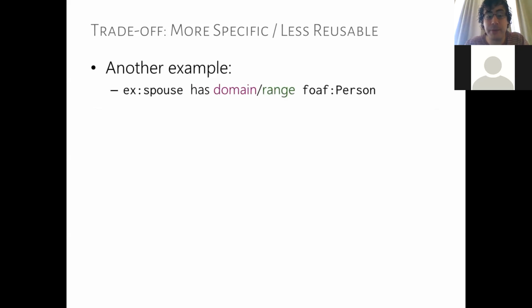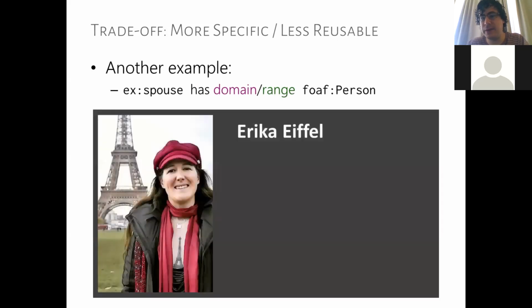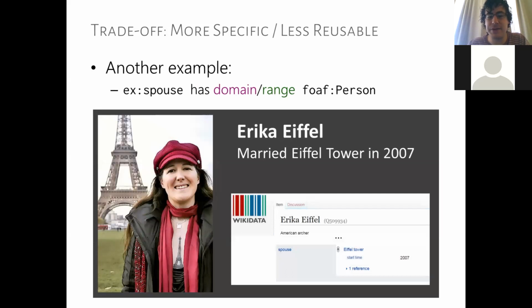As another example, we might define that a spouse has domain or range of person, which would limit, for example, marriages between animals, but also, for example, Erika Eiffel married the Eiffel Tower in 2007. So this is also defined, for example, in Wikidata.